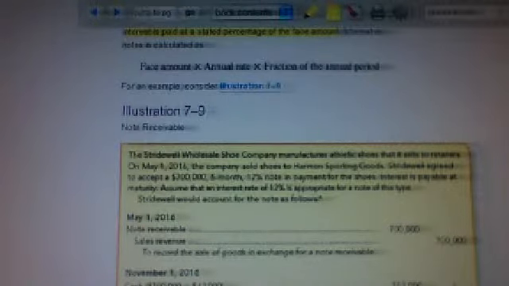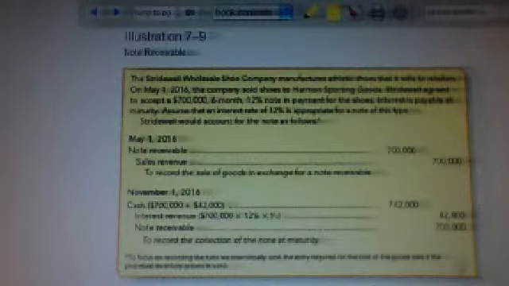6 months later, November 1st, Harmon Sporting Goods needs to pay Stridewell for that note. So Stridewell is going to debit cash for $742,000. That's a $700,000 face amount plus $42,000 in interest, and we'll calculate the interest amount in the next line item.